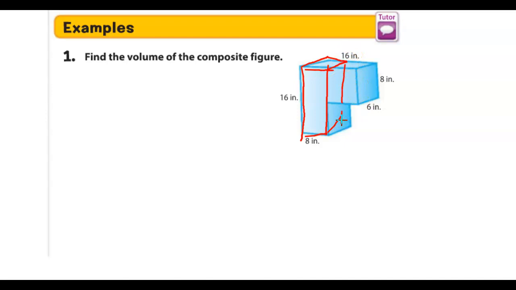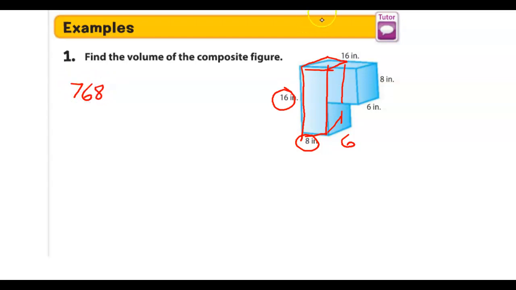So to find the volume of that, we're going to have to do 16 times 8, and then we already said that this side here is going to be 6. So let's do 8 times 16 times 6, and that's going to give me 768. All right, let's remember that.